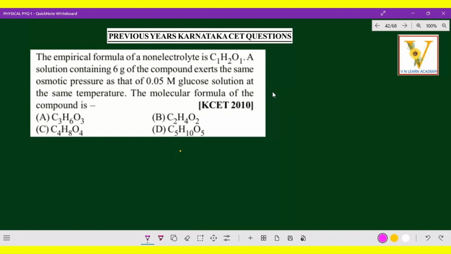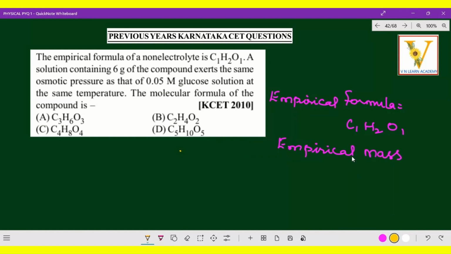So empirical formula, it is C1H2O1, and empirical mass. So empirical mass, it is actually carbon 12, hydrogen 2, and oxygen 16. So altogether it is 30, right? So empirical mass, it is 30 grams, right?